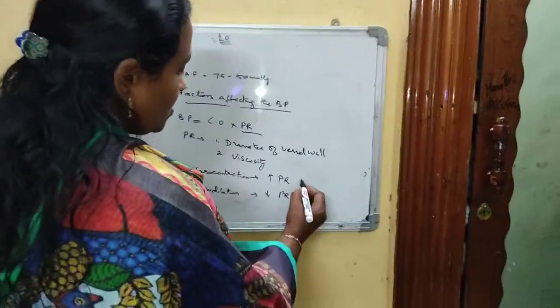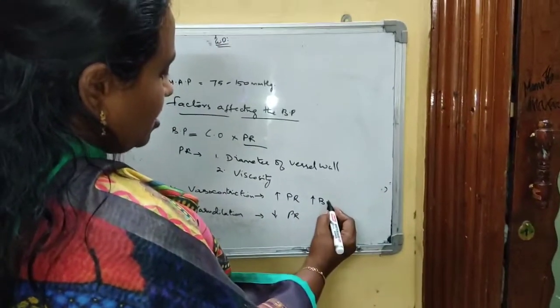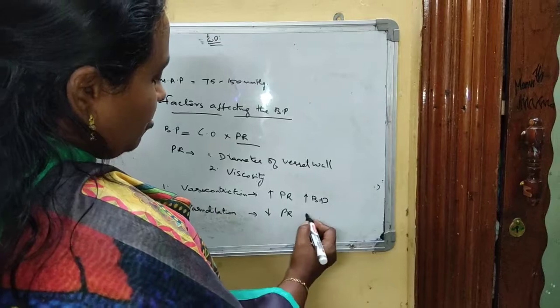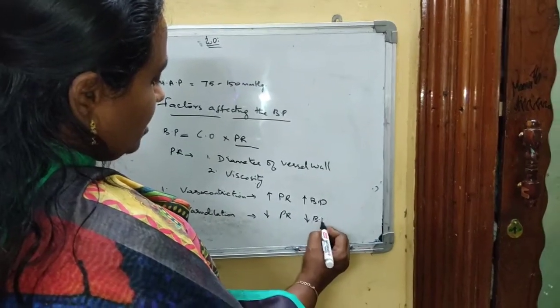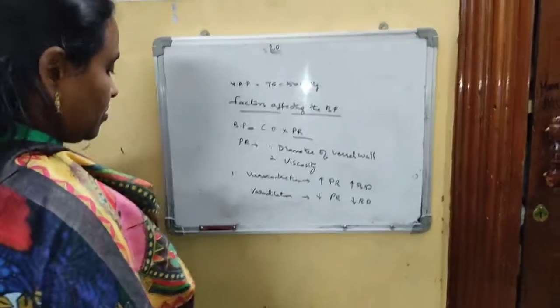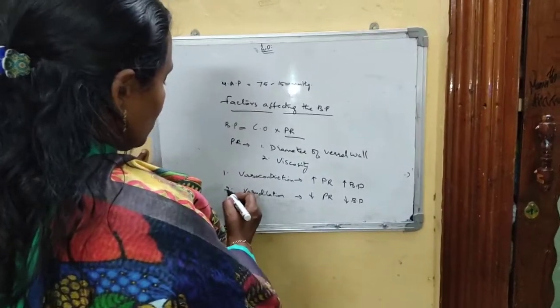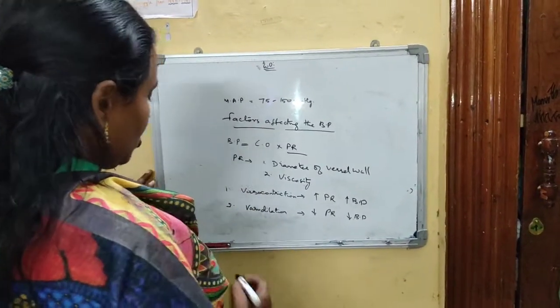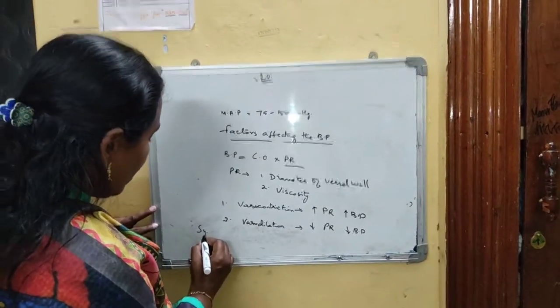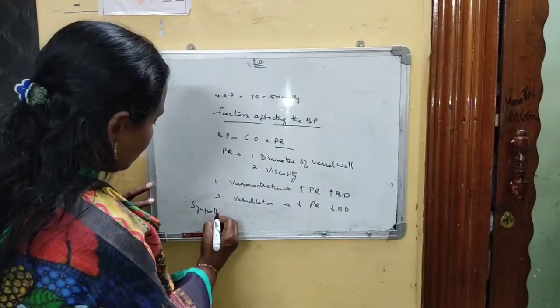Increased peripheral resistance increases the blood pressure, and decreased peripheral resistance decreases the blood pressure.